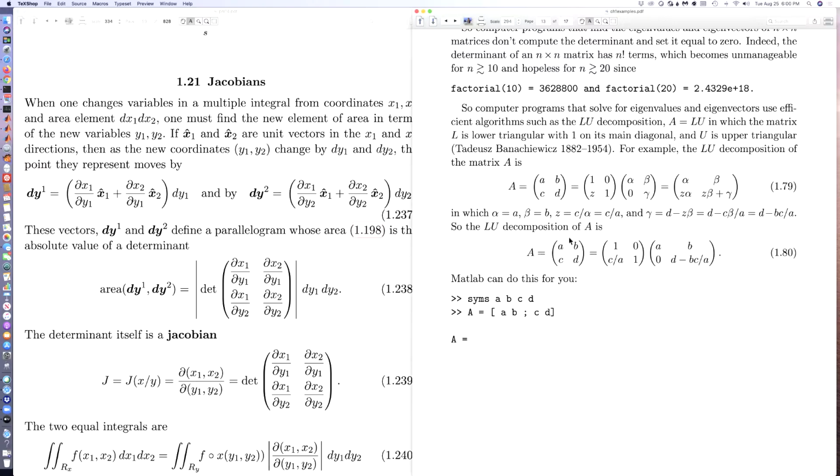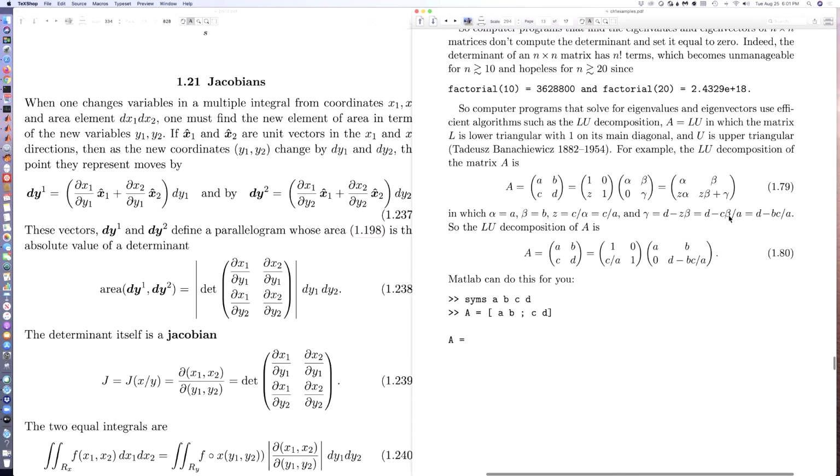By comparing this side with that side, you get that alpha has to equal A, beta has to equal B, and Z alpha has to equal C. So Z is C over alpha, which is C over A. And Z beta plus gamma has to be D. So gamma is D minus Z beta, which is D minus C beta over A, which is D minus BC over A.